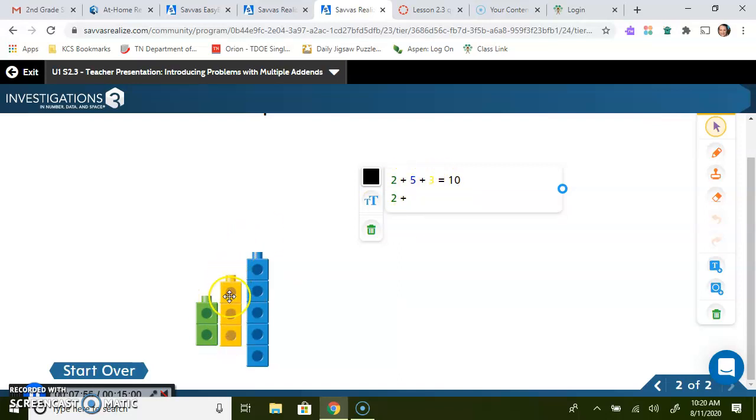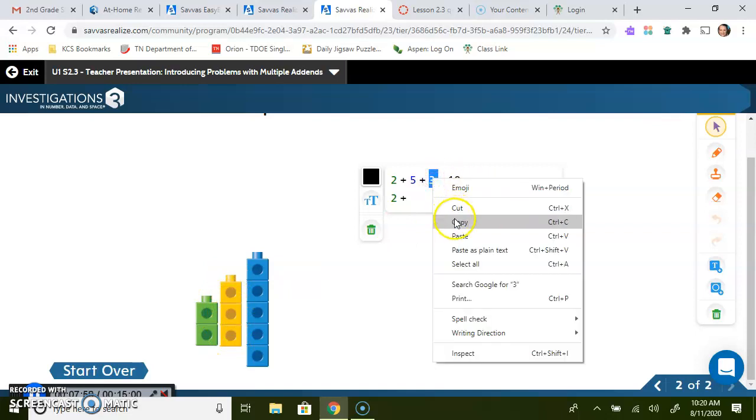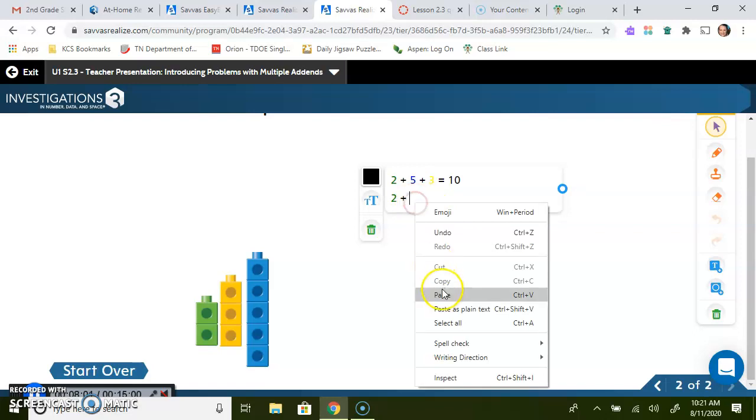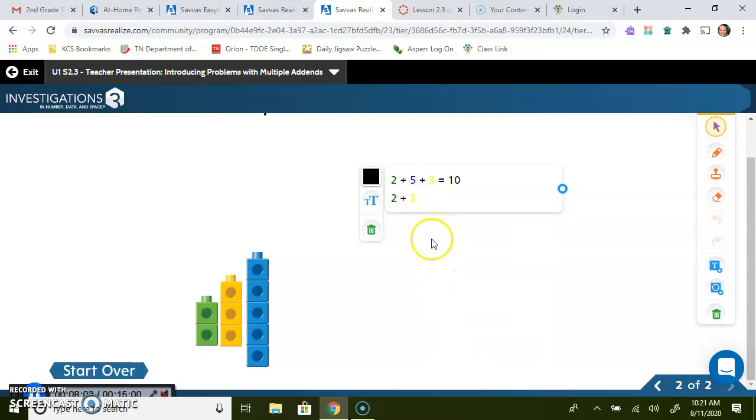What do we have in the middle here? Yeah, the 3 yellow. Absolutely. Plus, what's last here? Yeah, the 5 blue. Let's see if when we change the order here, we get the same answer.